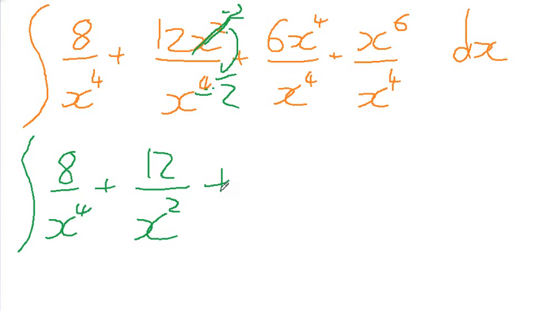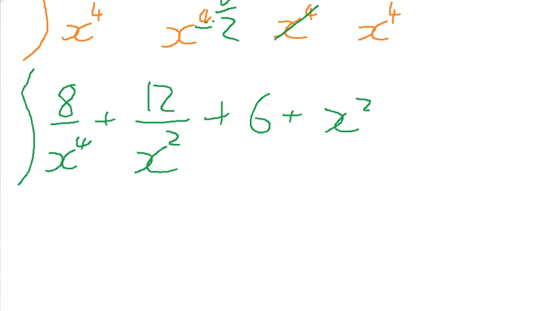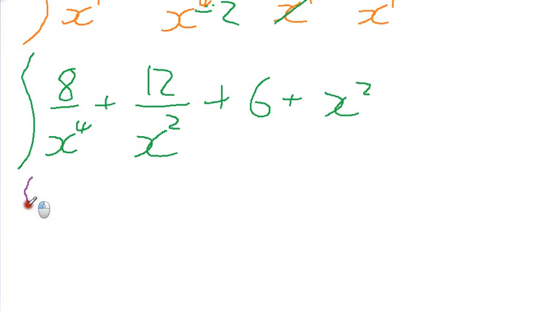So 6x to the 4 over x to the 4, they cancel. Simple as you like, becomes 6. Then plus x to the 6 over x to the 4, which is x squared. Lovely. Right. Let's go one more step, so that what we can do is bring this x to the 4 onto the top.